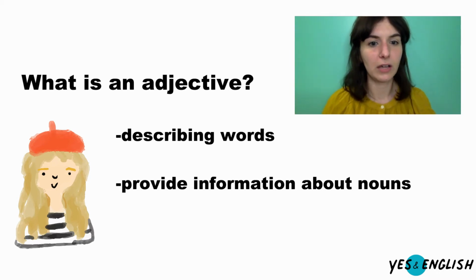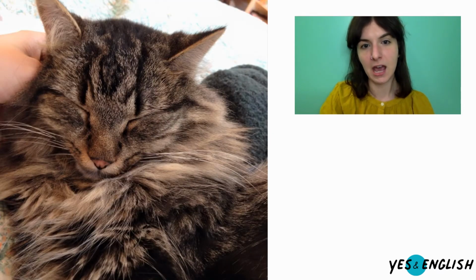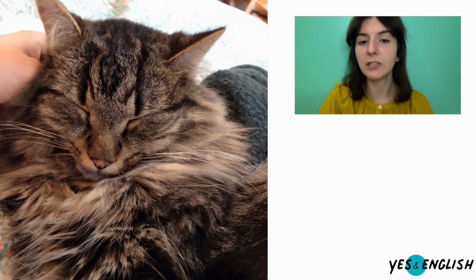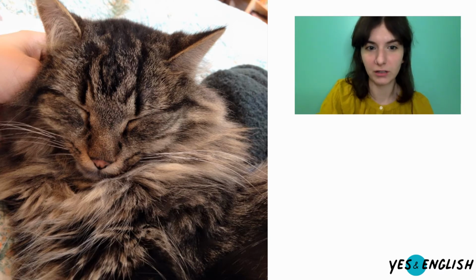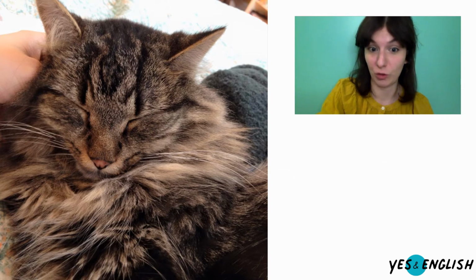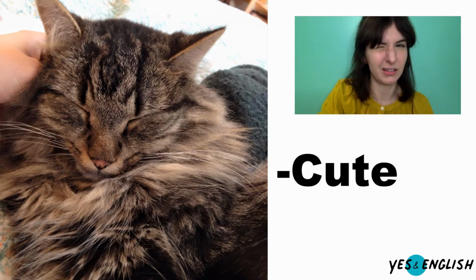So if we take this really, really cute picture of my cat, okay, how can we describe my cat in this picture? Can you think of any words? I hope one of the words that you thought of was cute, because he is cute. He's very cute.